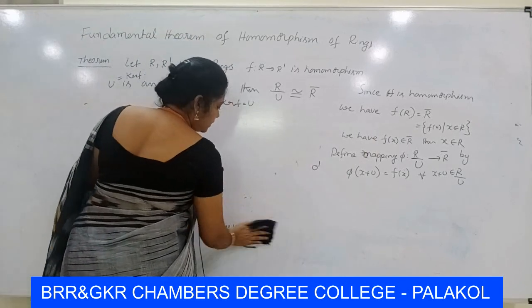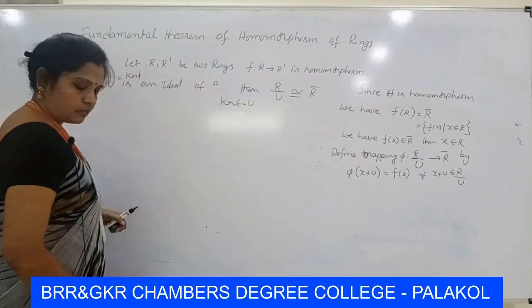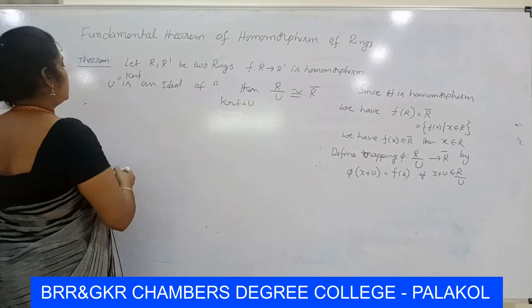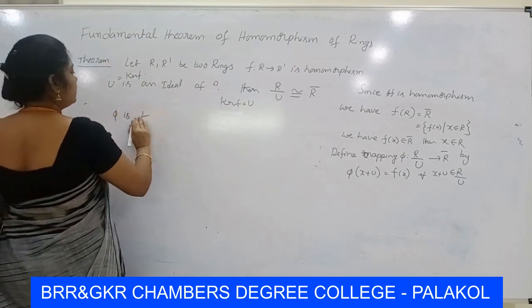We take that their images are equal, and we have to prove their elements are equal. Next side heading is phi is 1-1.